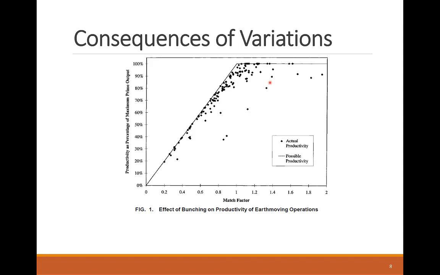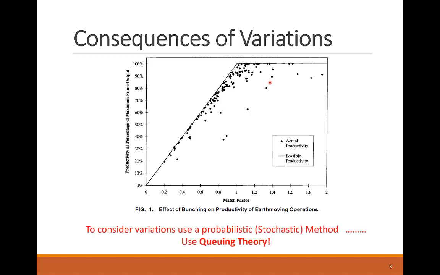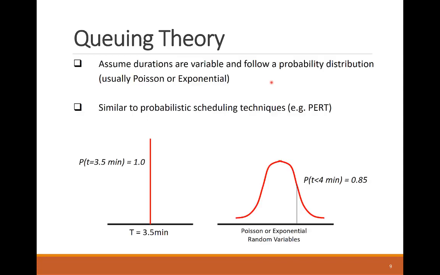So we need a different approach to analyze the hauling operation if we need to account for the cycle time variability. This lesson introduces one possible approach based on queuing theory. Queuing theory follows a similar approach to probabilistic scheduling, but models the cycle production durations as random variables that follow a probability distribution like Poisson or exponential.